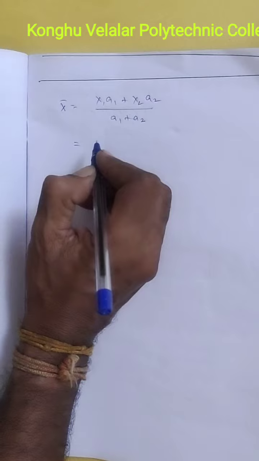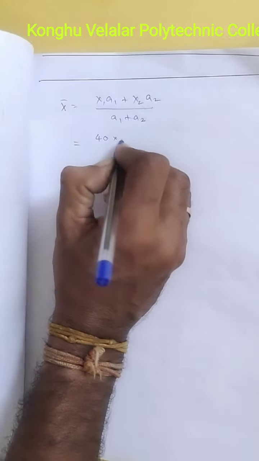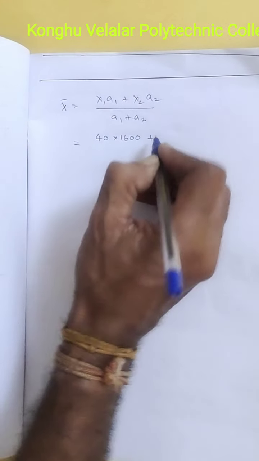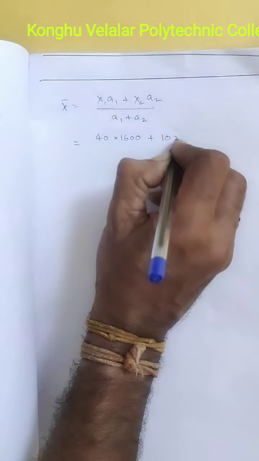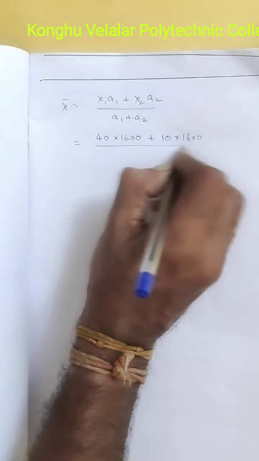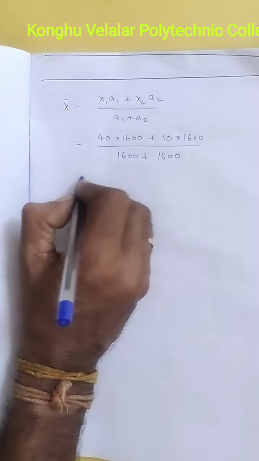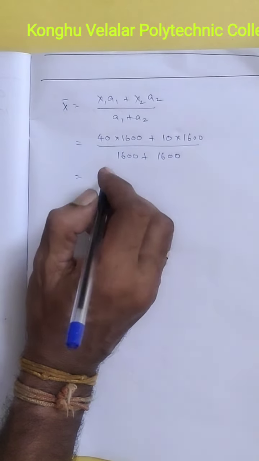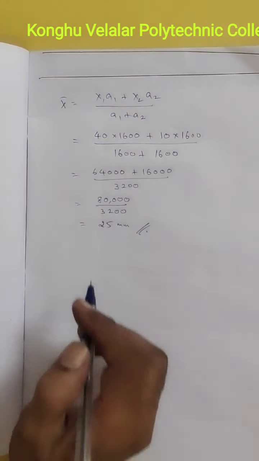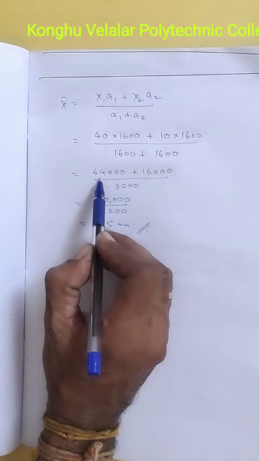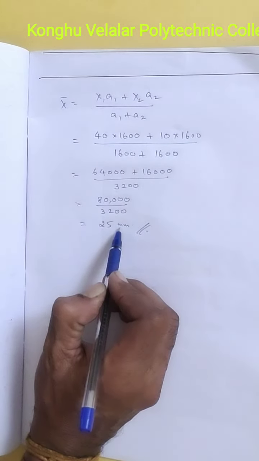That's equal to x1, which is 40, into A1, which is 1600, plus x2, which is 10, into 1600, divided by 1600 plus 1600. So it is 64,000 plus 16,000, you get 80,000 divided by 3,200, that is 25 mm.